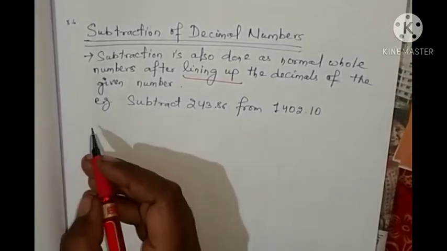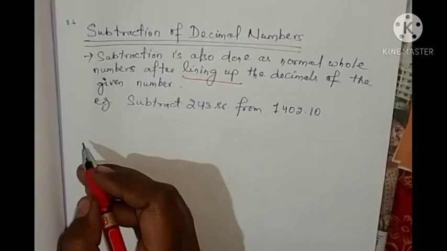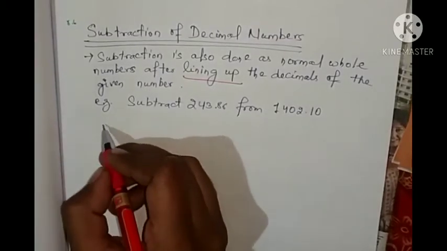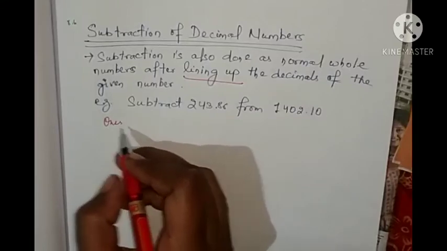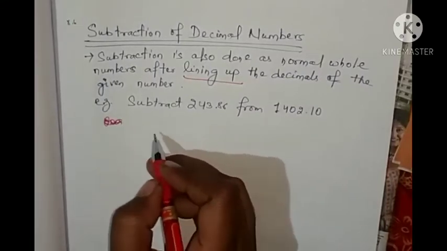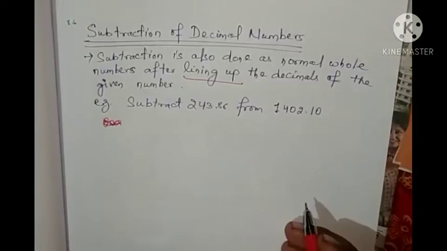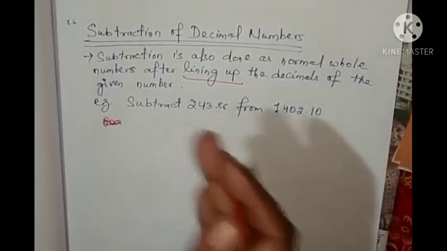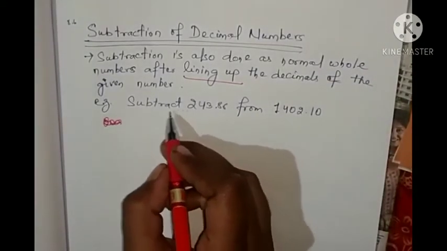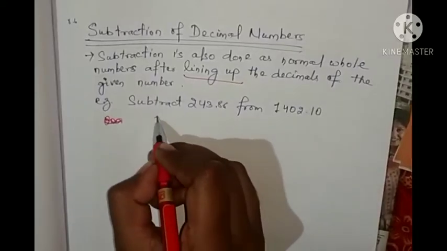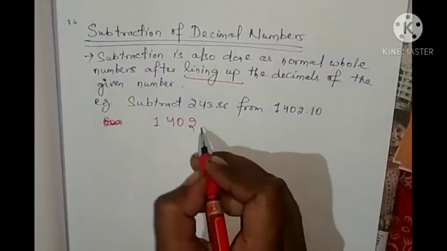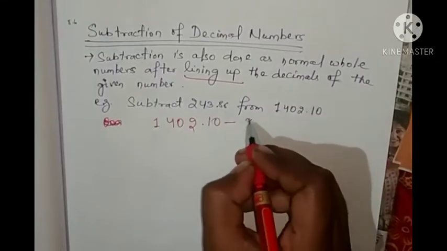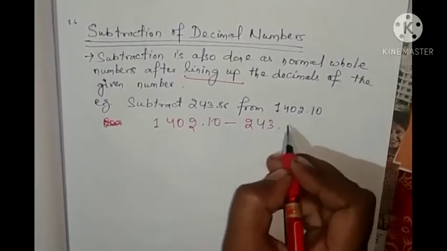What can we write? Either we can make the place value chart or we can line up. So first I am lining up. 1402.10 minus 243.86.